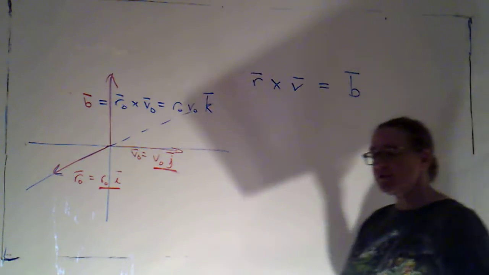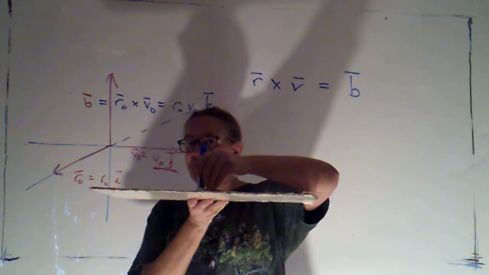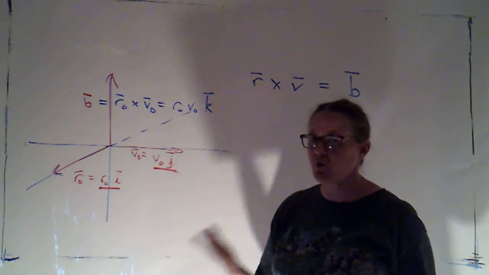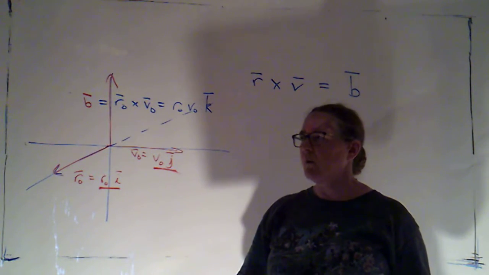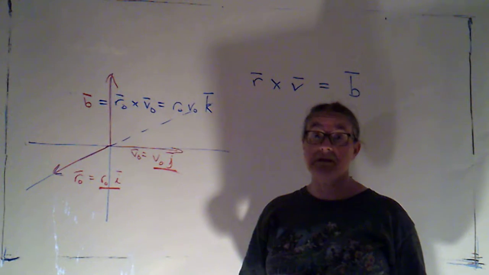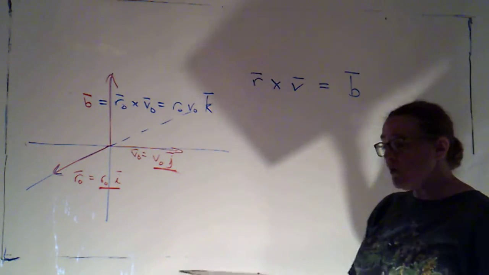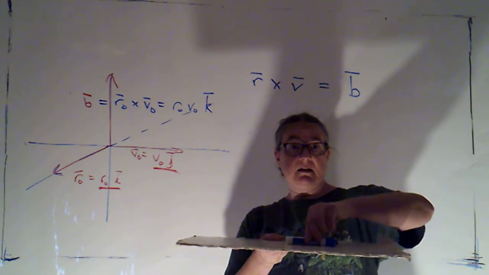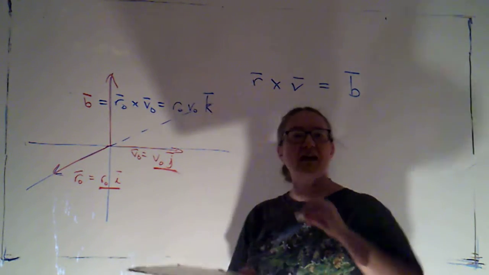So this vector that's pointing straight up is always going to have to be orthogonal to my position vector. And my position vector is, of course, going to be non-zero, because if we were to fall into the sun, we would cease to exist, and therefore we would cease to care about this problem. If I have an r vector that's on the xy plane, it's definitely going to be orthogonal to this vector b, since it's just a multiple of k.